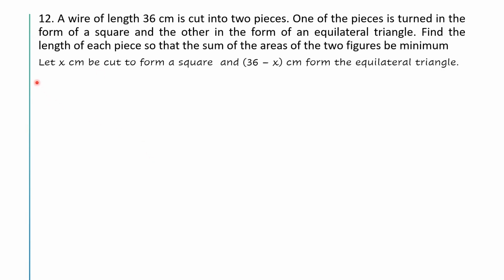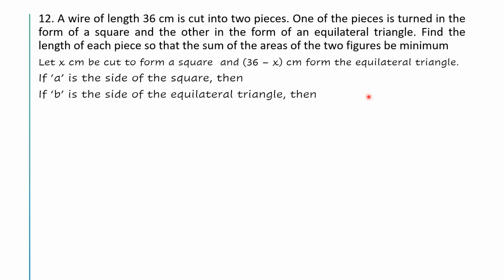So let us take, let x centimeter be cut to form a square and 36 minus x centimeter form the equilateral triangle. So if a is the side of the square, then we have 4a equal to x, or a is equal to x by 4.